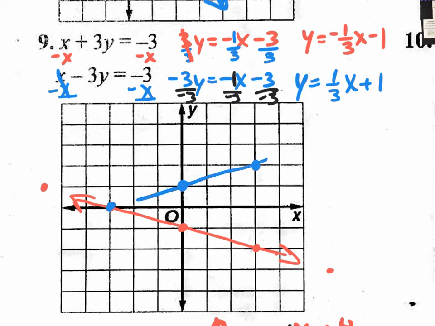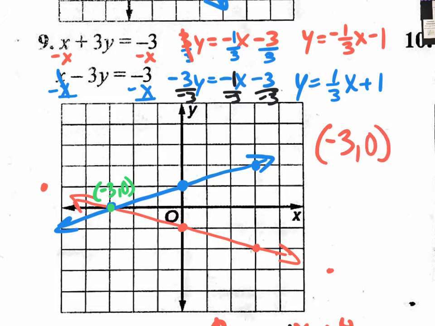So if I draw this blue line, put some arrows on it, what's the point that they share? This point right here. And what is that coordinate? From the origin, it's negative 1, 2, 3, comma 0, because you don't go up or down. That location is negative 3, comma 0. So my answer is negative 3, comma 0.